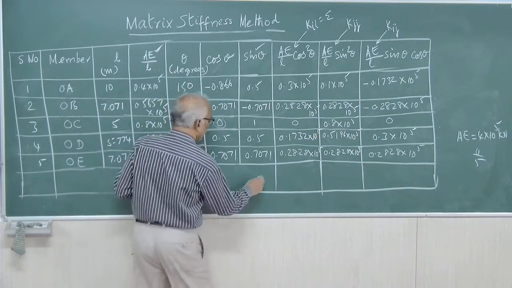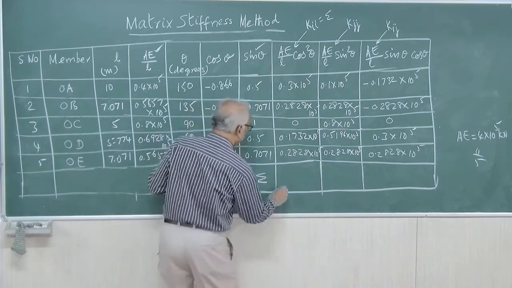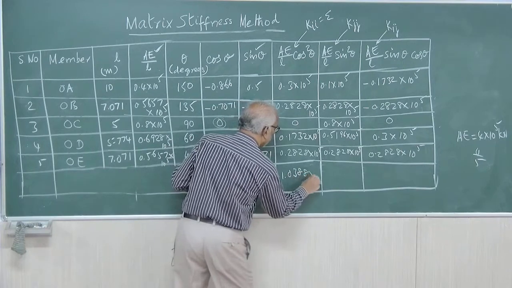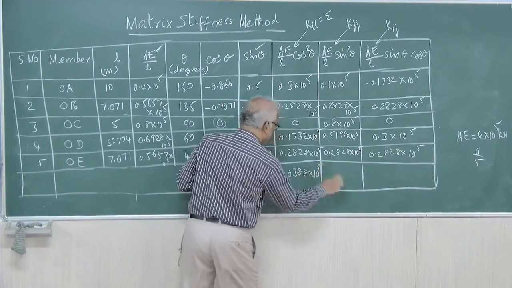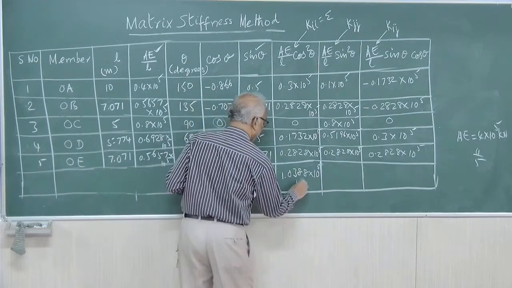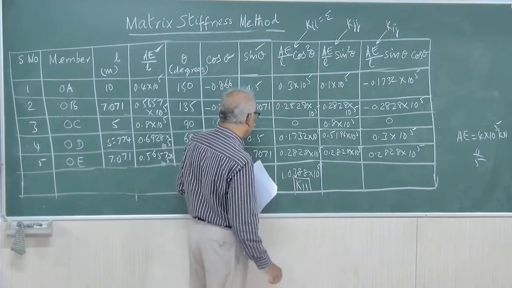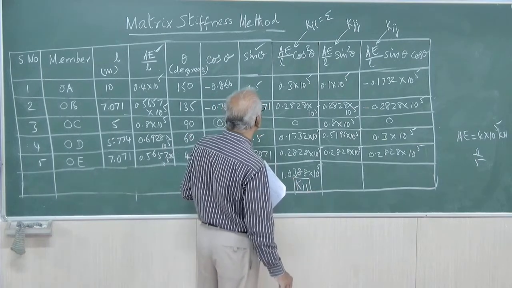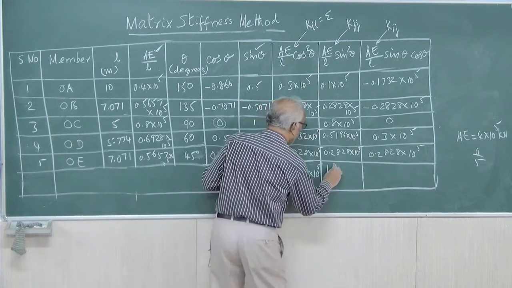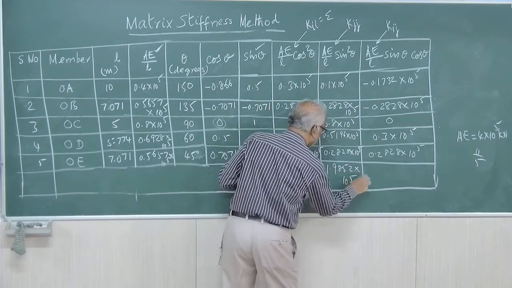Now we have to find out the value of sigma. Sigma equal to 1.0388 into 10 power 5. So this is our K11. Sigma will be into cos square, AE by L into cos square theta. 1.9852 into 10 power 5.